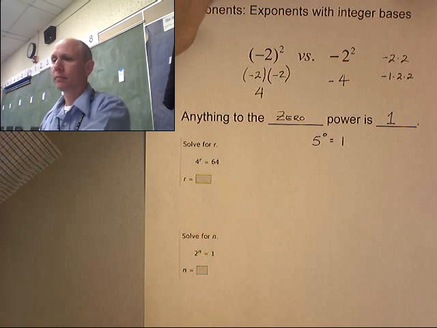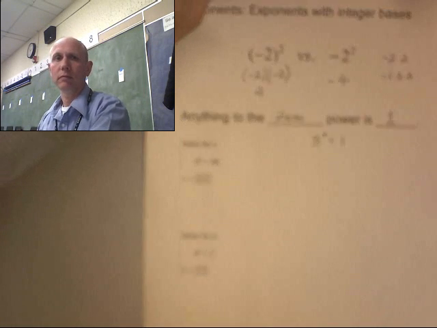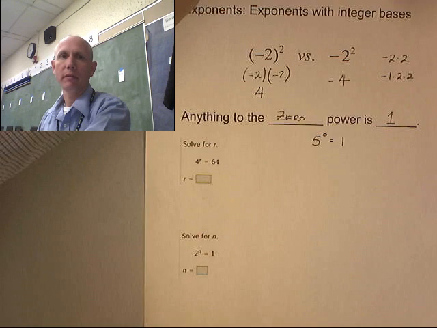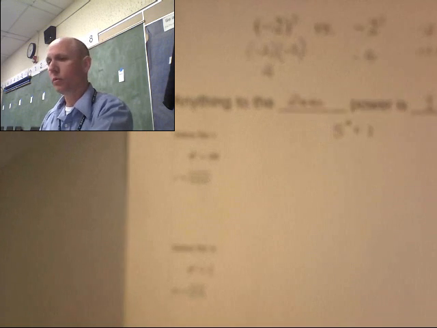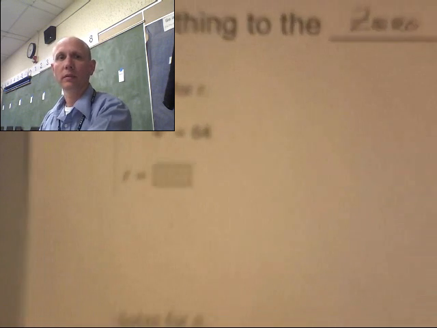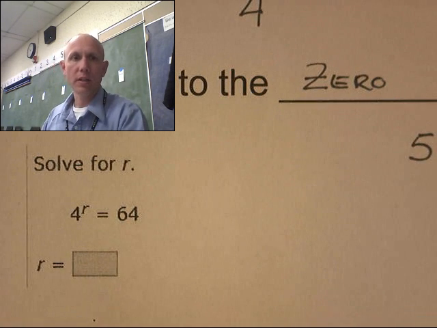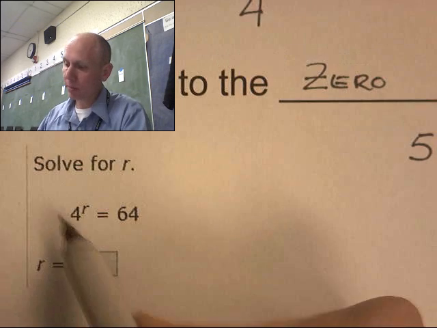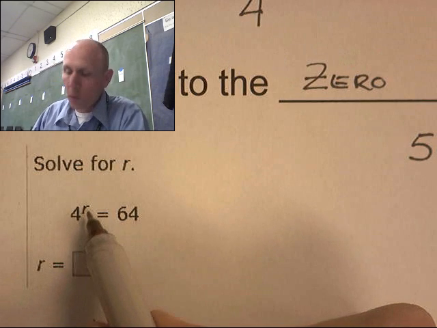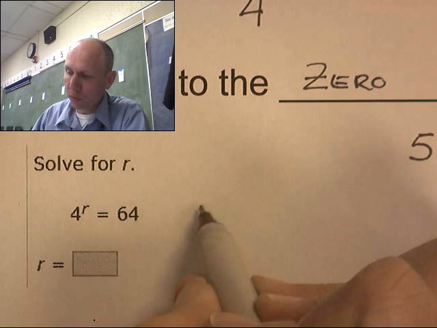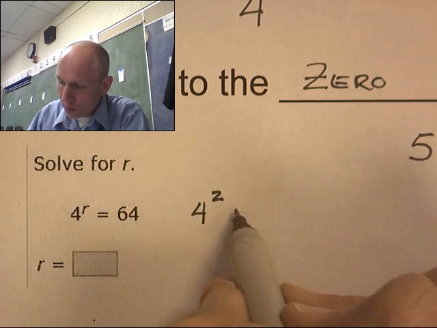So let's do a problem here. Let me zoom in. There we go. Solve for r. So we're dealing with exponents. 4 raised to what power would give me a 64? Is it 4 squared?